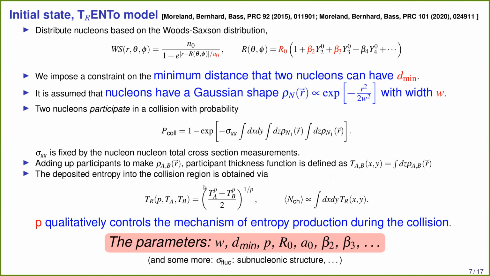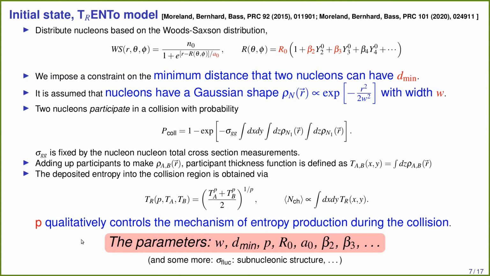For instance, in the limit p equal to 0, you would get a product of these two, a square root, which mimics those initial state models from the color glass condensate effective theory, like IP-Glasma. For p equal to 1, it would be like a Monte Carlo Glauber. Therefore, this p is also a very interesting quantity.